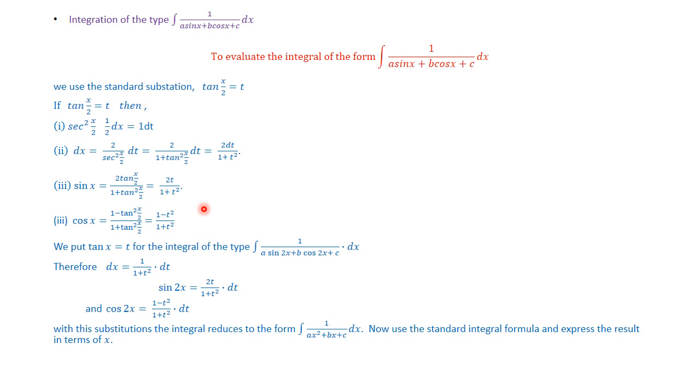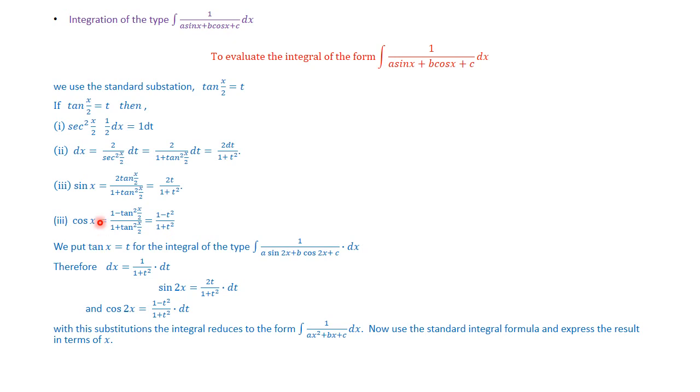See students, if you understand this, then in examples you can directly do the substitutions. So first try to understand it. It is too easy. Now cos x: we know that cos 2 theta is equal to 1 minus tan square theta upon 1 plus tan square theta.